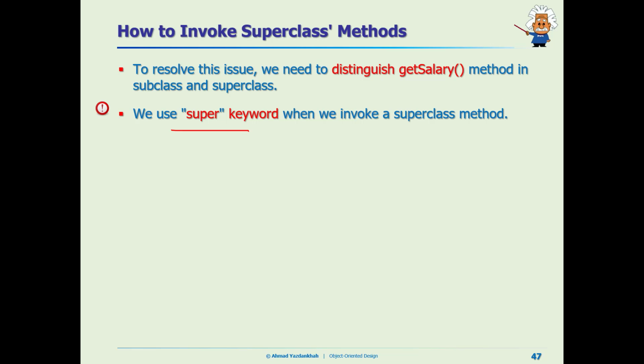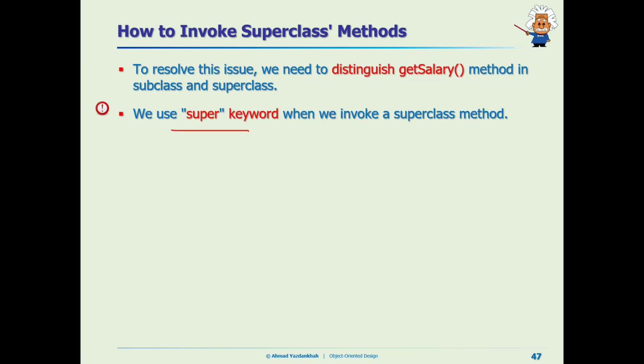All right. And so how about the other methods? This get salary was overridden. For calling other methods, those won't be a recursive call, right?